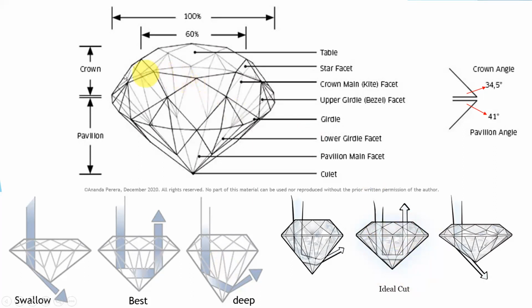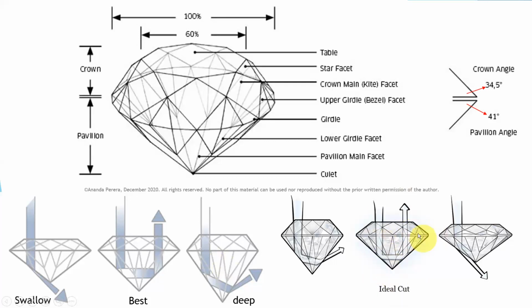Now, the best cut table should be 60%. But we can see table maybe 30%, 40%, because they want to increase the weight of the stone. They are thinking about the weight only, not the ideal cut. So buyers don't buy.